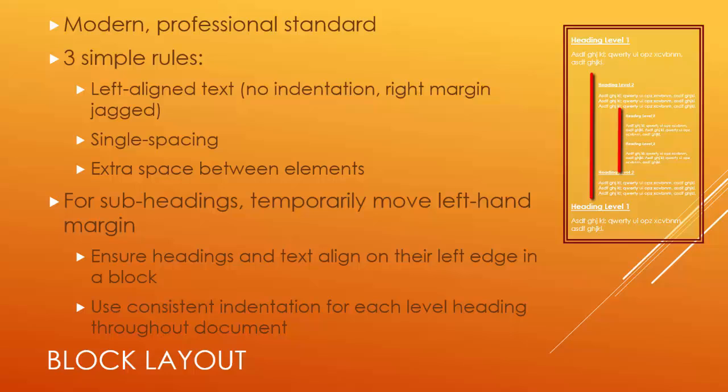If you use this formatting option, make sure that each Level 1 heading and text begins at the original left-hand margin and that the indentation for the various other level headings and their text is consistent throughout the entire document. So what have we learned? Headings are a vital organizational and preview tool in report writing.